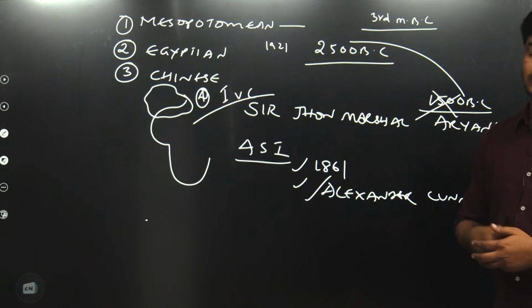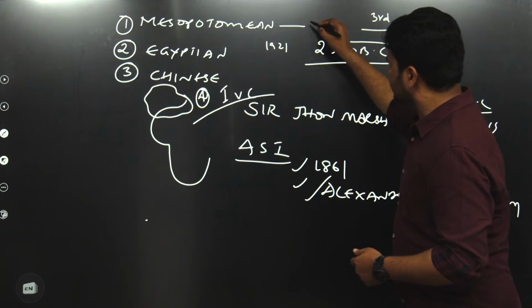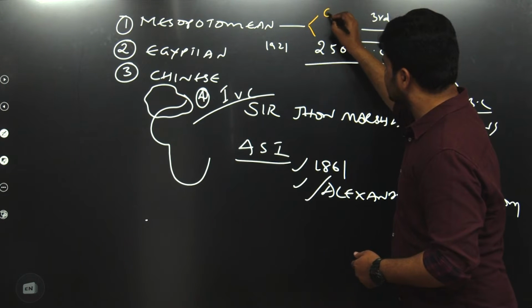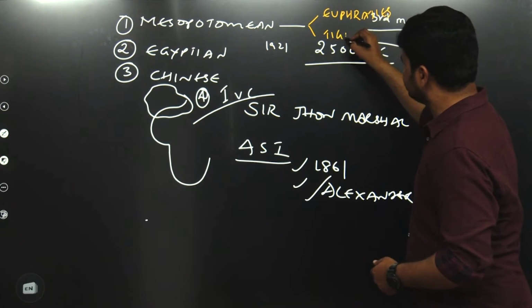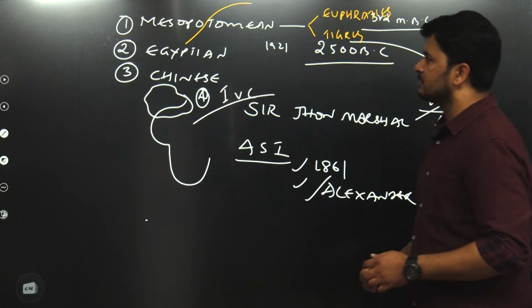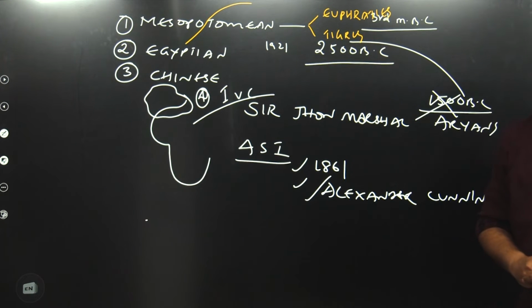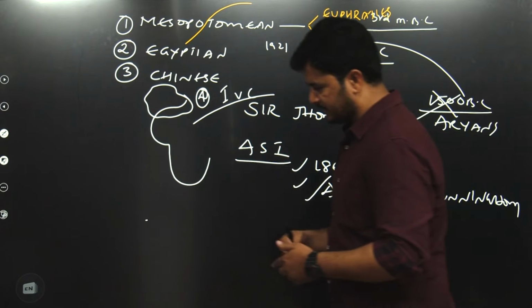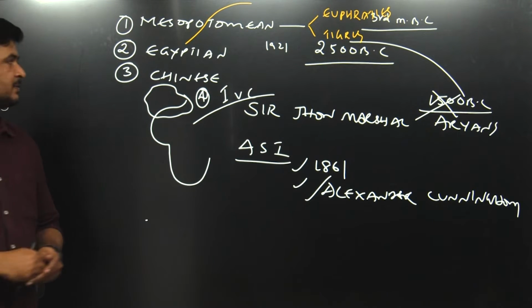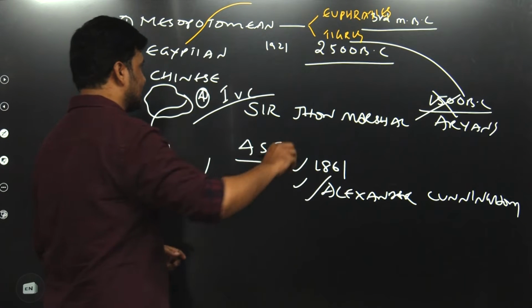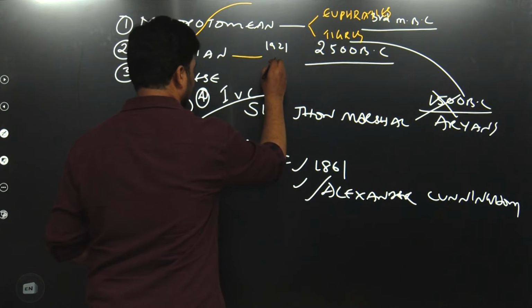So Mesopotamian civilization on the banks of 2 rivers, Euphrates and Tigris, the land between 2 rivers. I'm talking about the etymological meaning of Mesopotamia, the land between 2 rivers, Euphrates and Tigris.